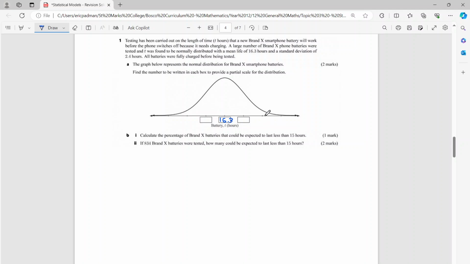No, I'll do it. I'll type it. 16.3. Boom. 16.3. Plus 2.4. So that'll be 18.7.